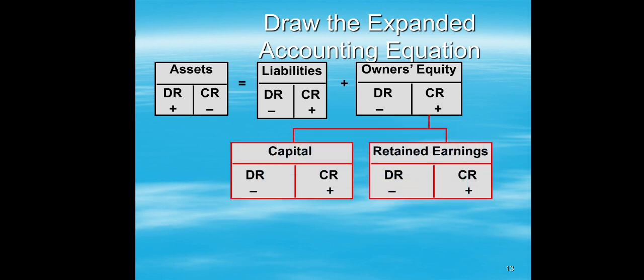Okay, this is the expanded rule of debit and credit. Remember, I have told you before, owner's equity is related to 4 accounts: capital, withdrawal, revenue, and expenses. For capital, an increase in capital, you have to credit.